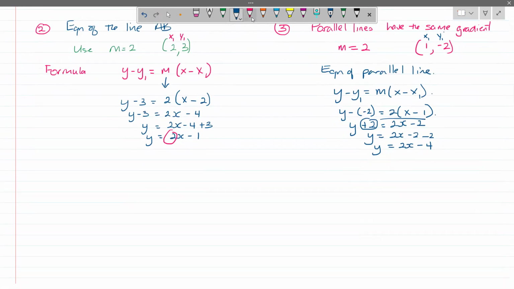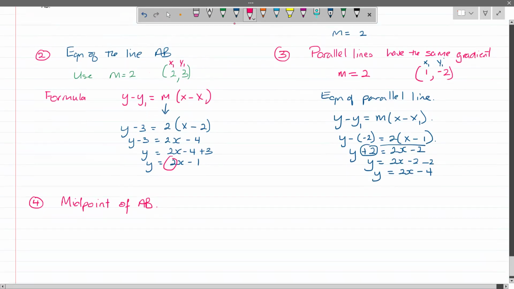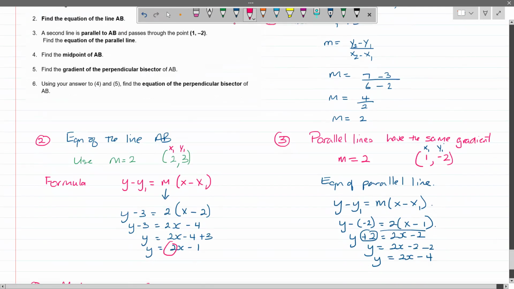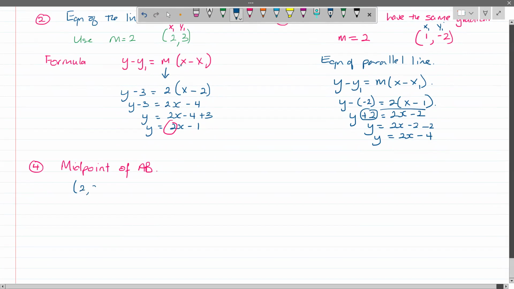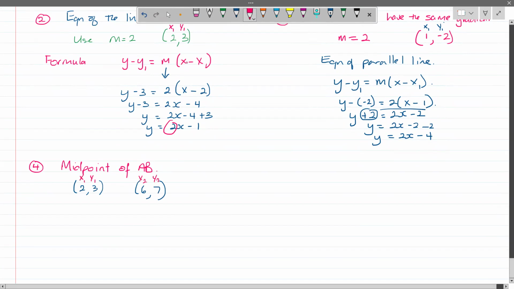Part 4 wants the midpoint. We need to make sure we remember our points (2, 3) and (6, 7). That's supplying us with x1, y1 values, x2, y2 values.